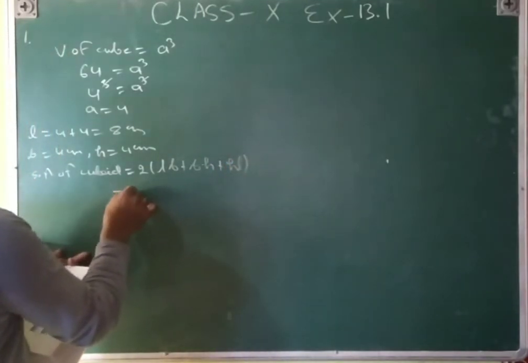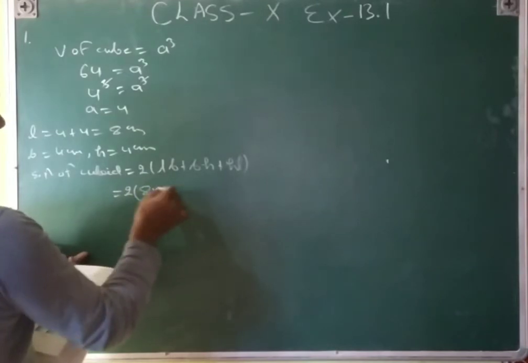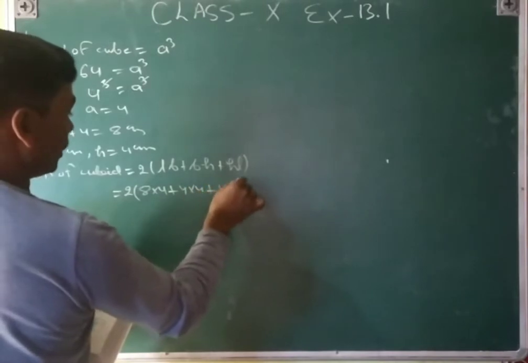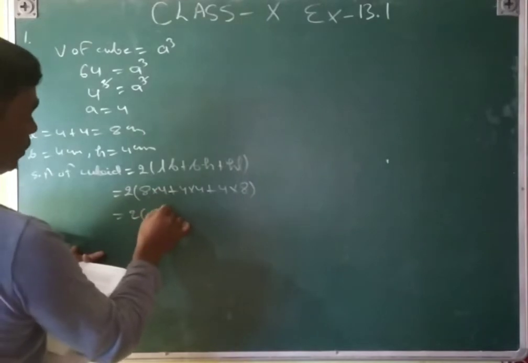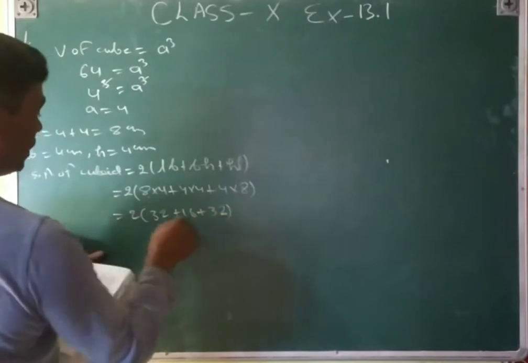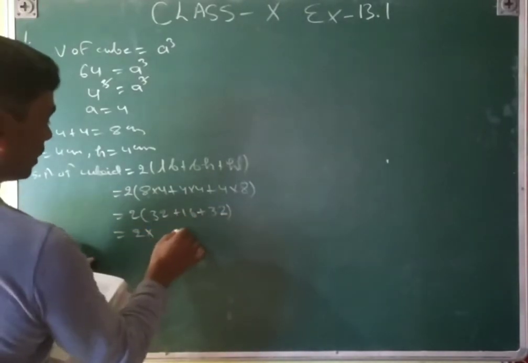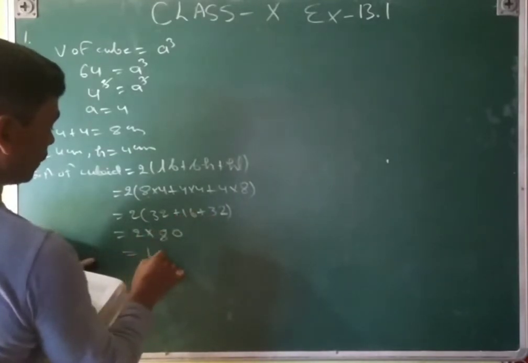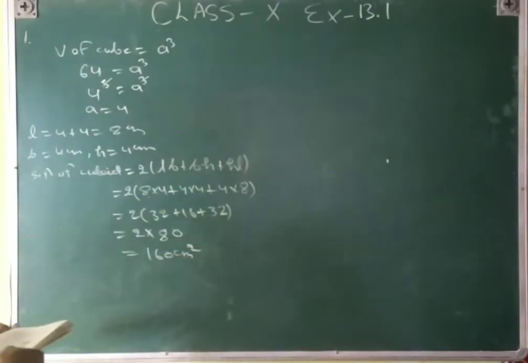So that is 2 into (8 into 4 plus 4 into 4 plus 4 into 8), that is 2 into (32 plus 16 plus 32), that is 2 into 80, which is 160 centimeter square, because we have to find the area.